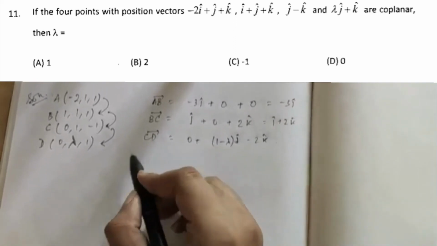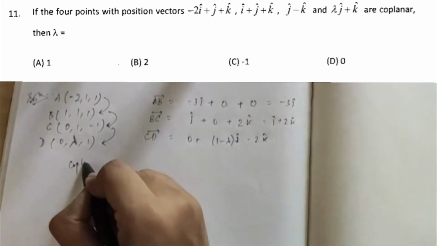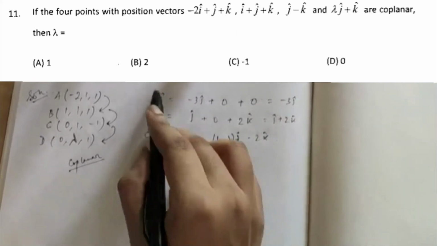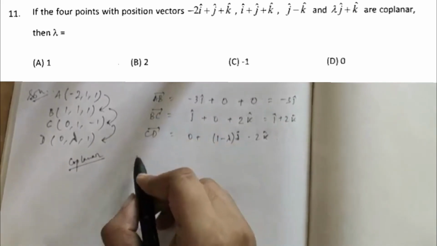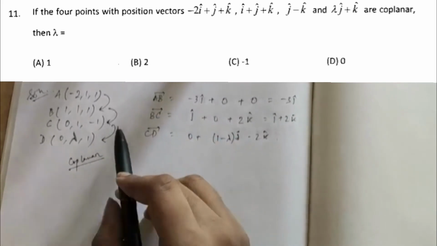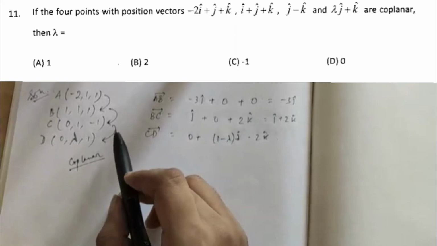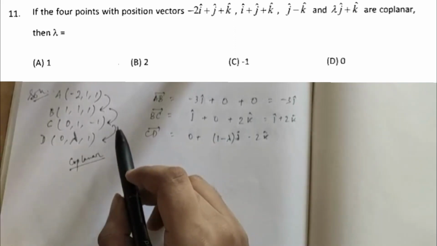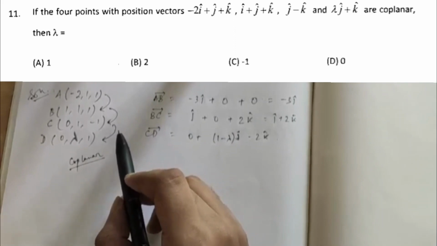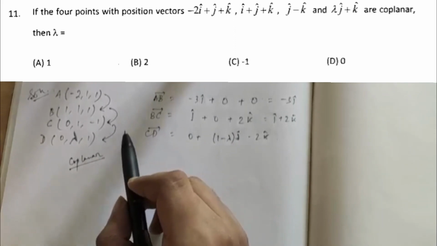Here, for these 3 vectors to be coplanar, see, they have asked whether the position vectors of the given 4 points are coplanar or not.